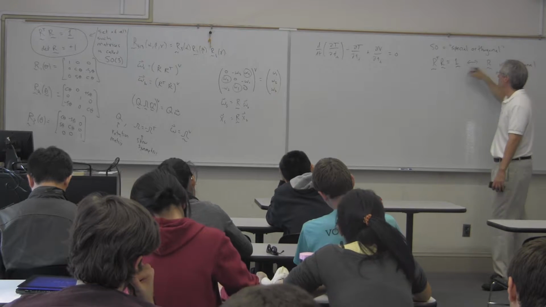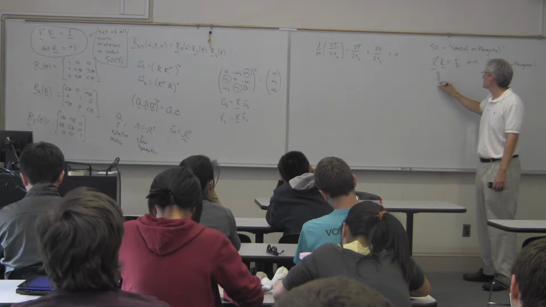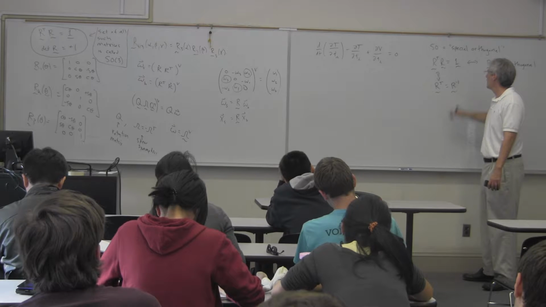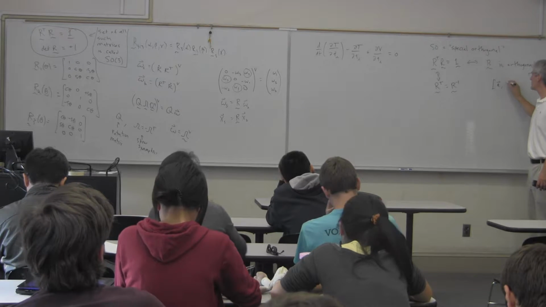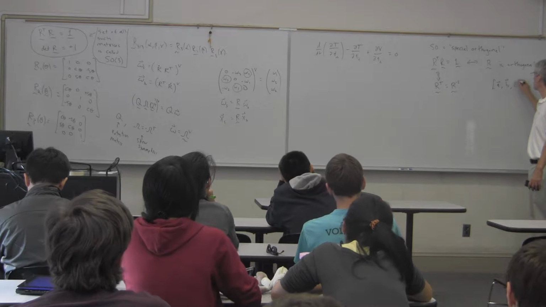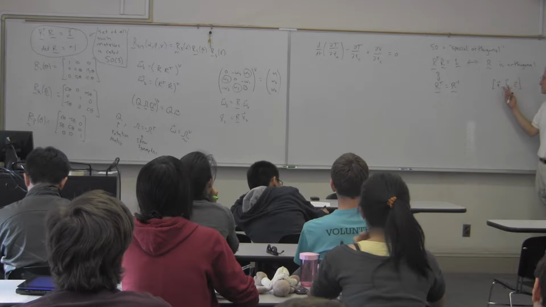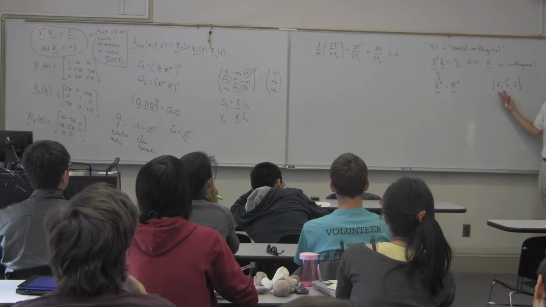An orthogonal matrix is one which has, so this statement is the same as saying that R transpose is equal to R inverse. An orthogonal matrix is one whose columns, in this case it's a three-dimensional matrix, so it has three columns, are all orthogonal to each other, perpendicular to each other.